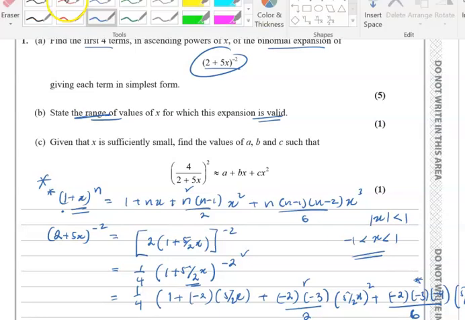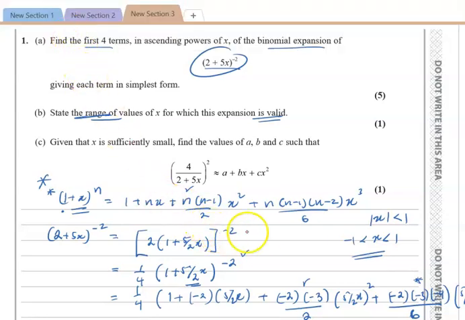So our new x that we used in our expansion is this one over here. That means we are saying that the modulus of 5 over 2 x is less than 1. So when you make x the subject, the modulus of x is less than 2 over 5. That's your answer for part B.